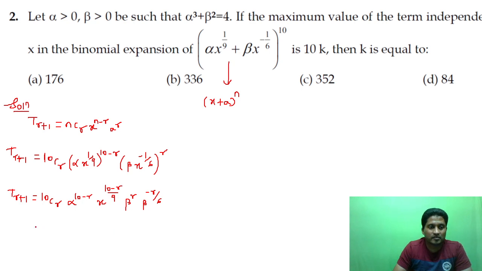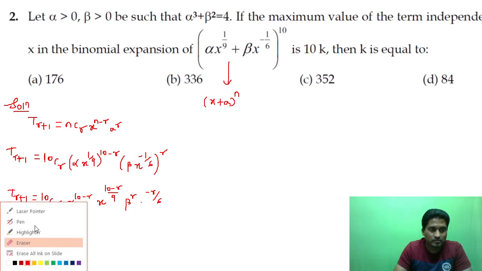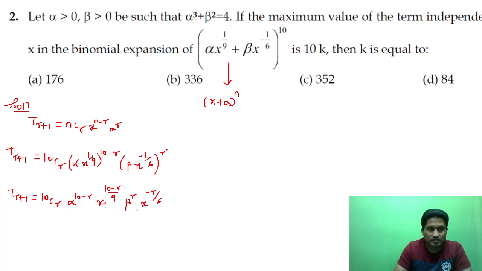Powers are added, so add the powers of x. This is x to the power of r minus 6.